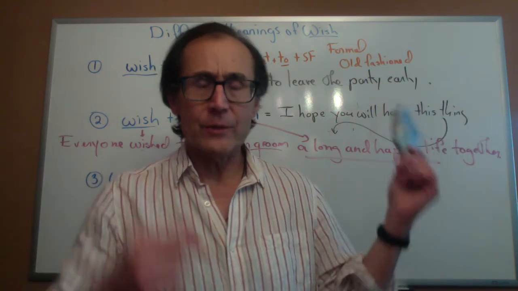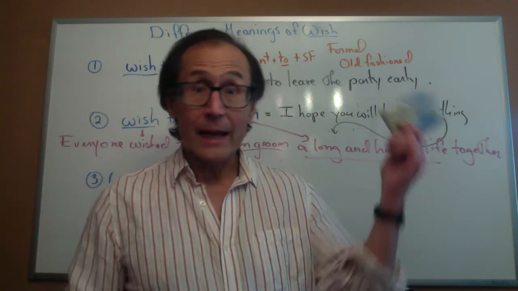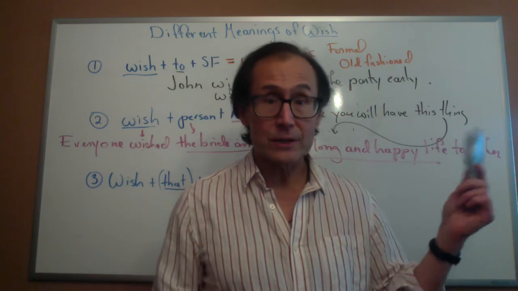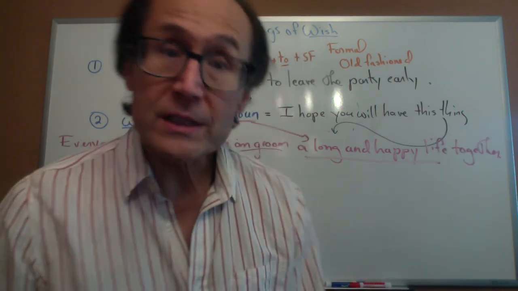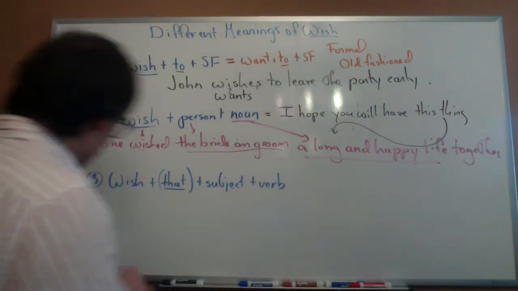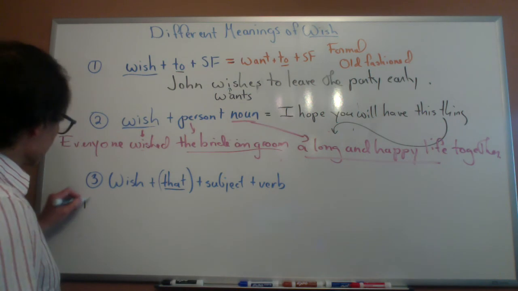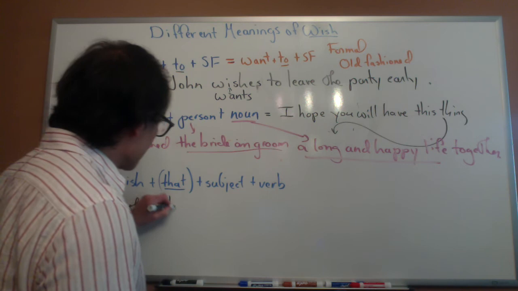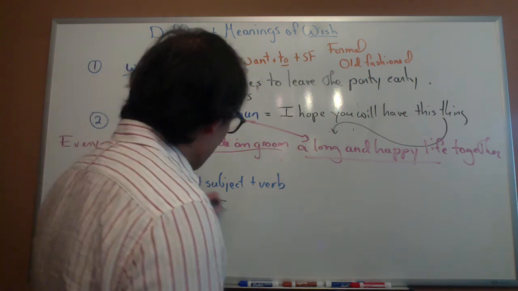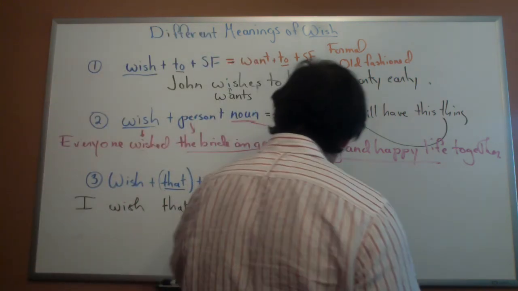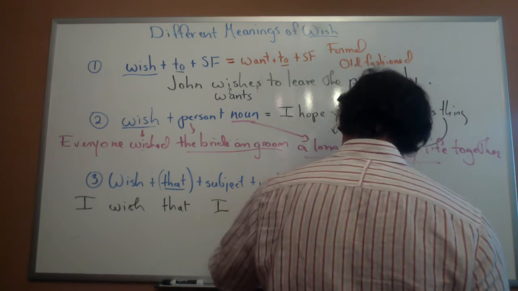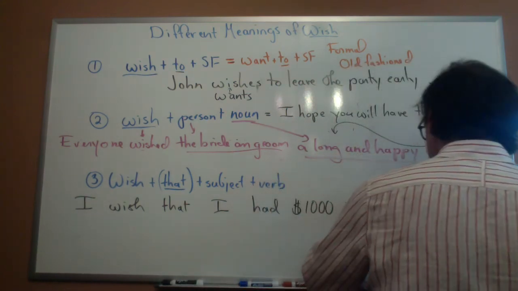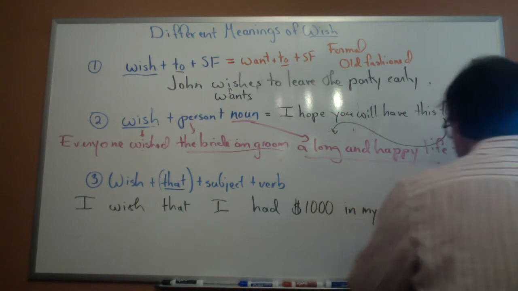I never carry that much money, so I haven't looked in my wallet today, but I don't think I have $1,000. But I could say, let me show you. I wish that I had $1,000 in my wallet now.